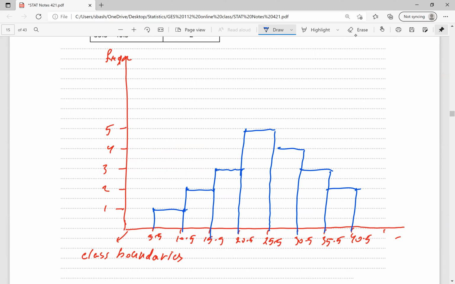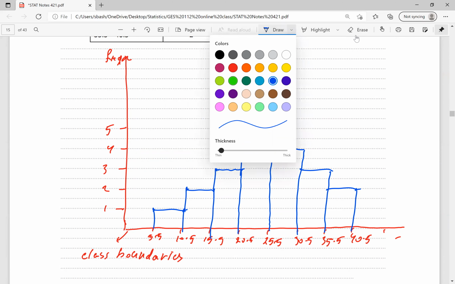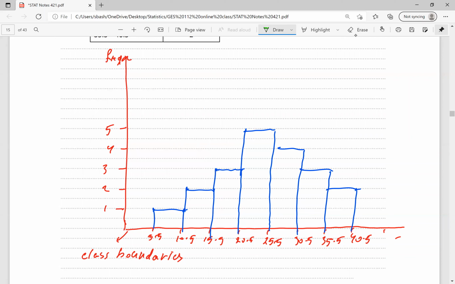Now to find the mode using this histogram, we go to the highest bar. We draw a cross line from the right corner of the highest bar to the left corner of the one before, and from its left corner to the one after. Now the intersection point will give me an approximation of the mode.